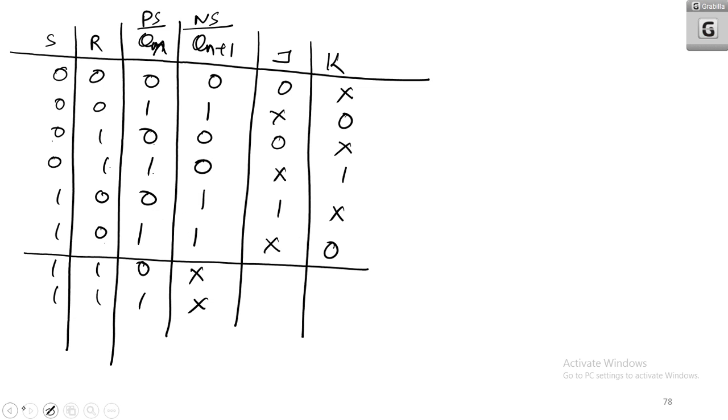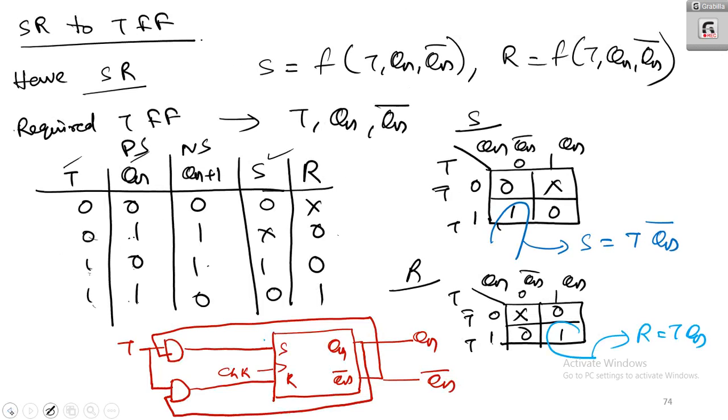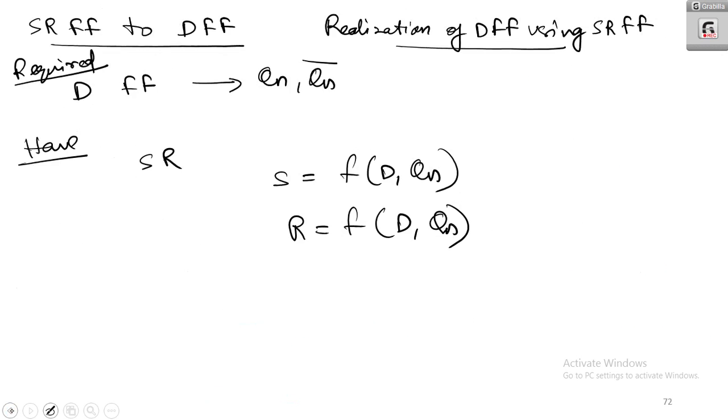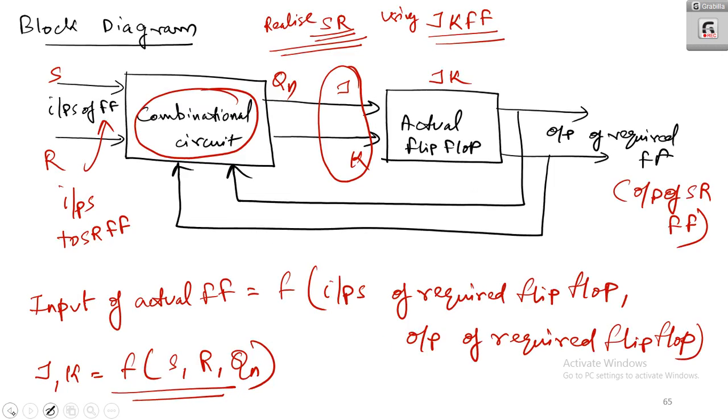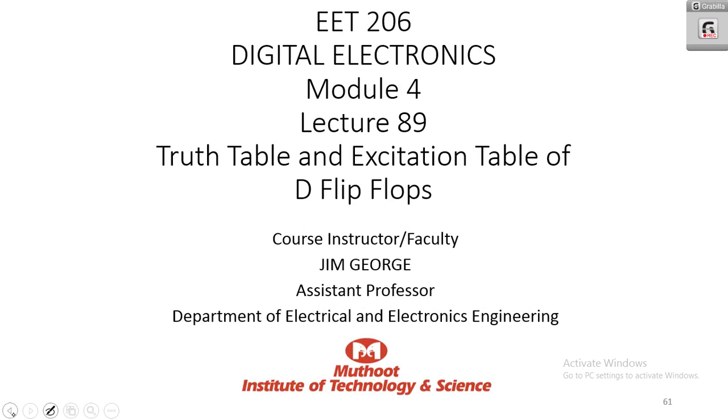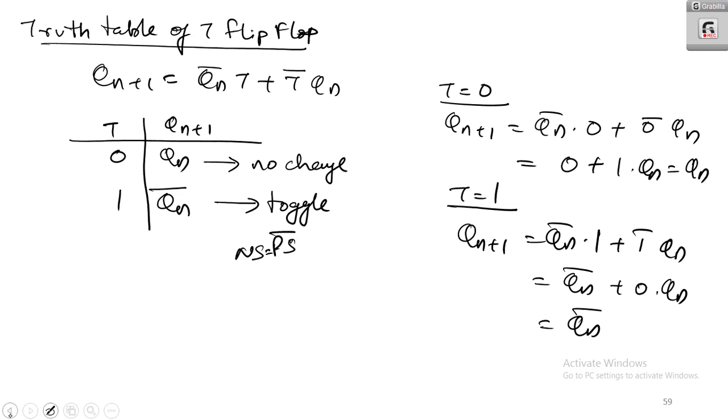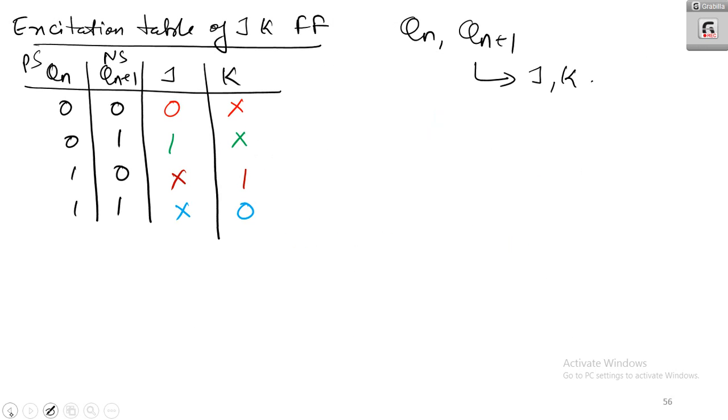Where we have done with the excitation table of JK, we will go back to the excitation table of JK flip-flop. Yeah, this is the excitation table of JK flip-flop. If it is 0 to 0, it is 0 don't care. 0 to 1 means 1 don't care. 1 to 0 means don't care 1. 1 to 1 means don't care 0.